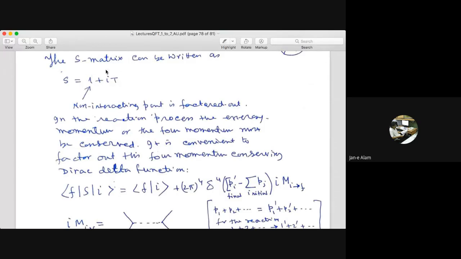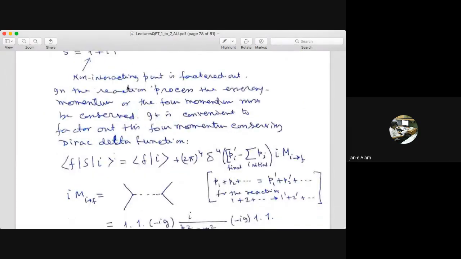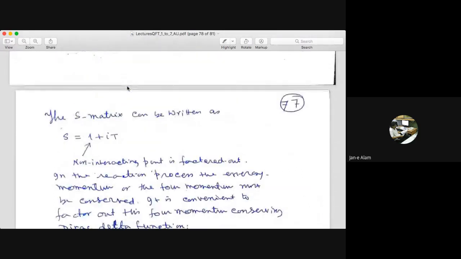And this iT will contain all the other terms. Now, whenever some process or reaction takes place, the energy and momentum will always be conserved. Unless the energy momentum is conserved, that reaction will not take place. So in all these processes, you have to associate an energy momentum conservation.